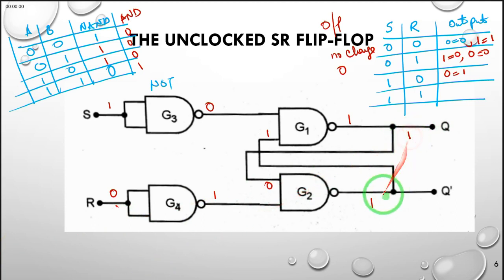So this was a 1. So what we get here in this G2 is a 1, and our R is still a 0. So 0 comes out of G4 as a 1. We feed G2 with 1, 1. We know when we feed G2 with 1, 1, we are getting a 0. So we get a 0 here. So 0 is fed right there, and therefore our S is 1, comes out of G3 as 0.